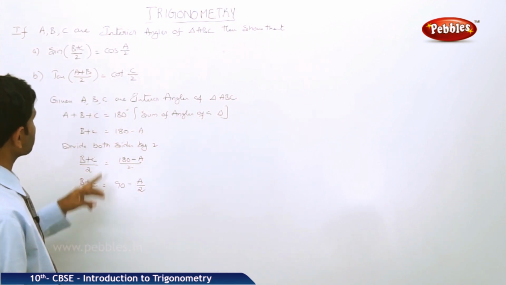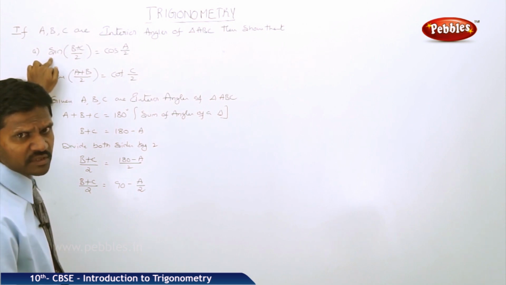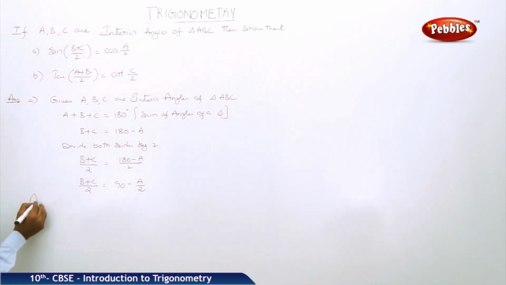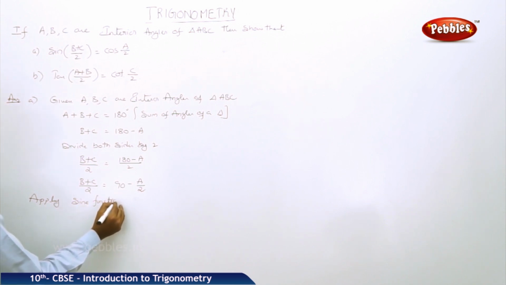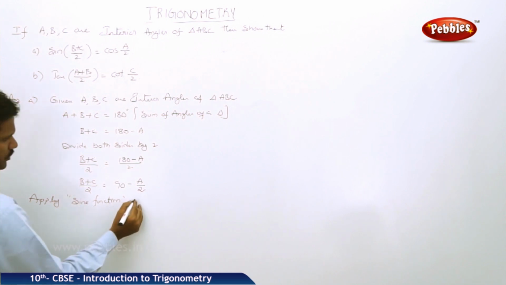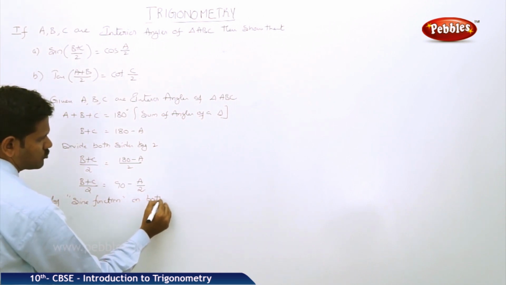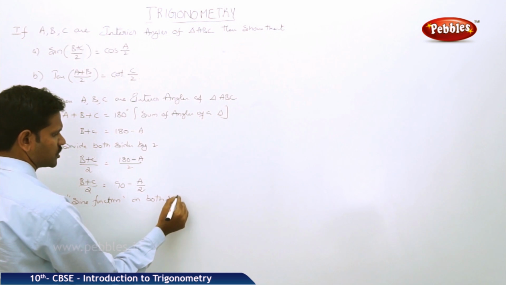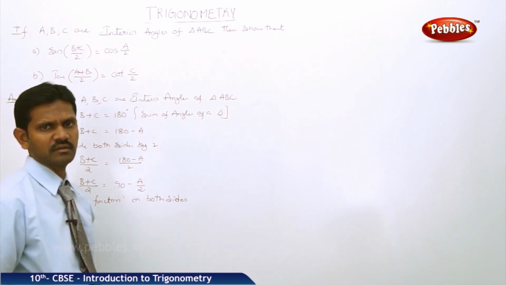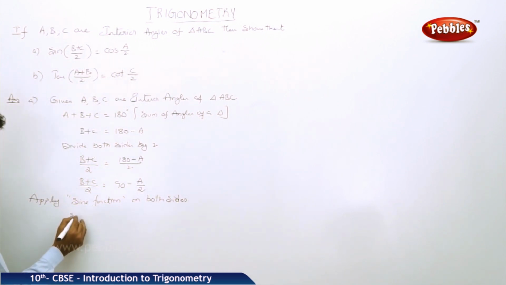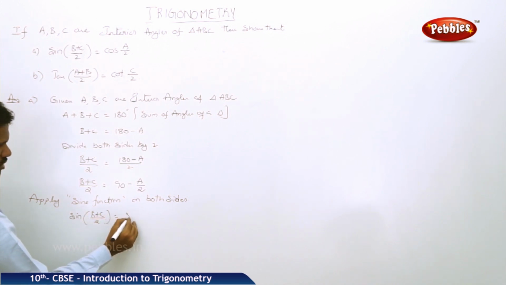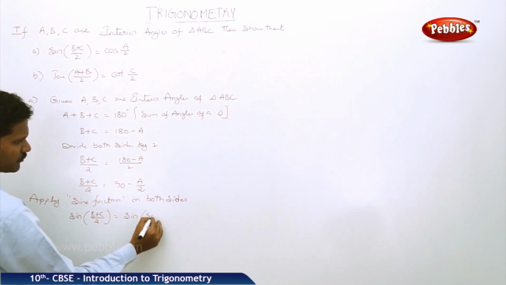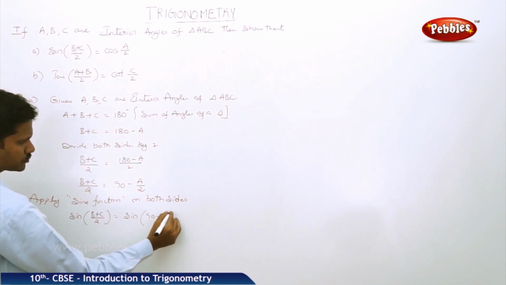In the question, (B plus C) by 2 is associated with the sine, that is, apply the sine function on both sides. That is, sine of (B plus C) by 2 is equal to sine of (90 minus A by 2).